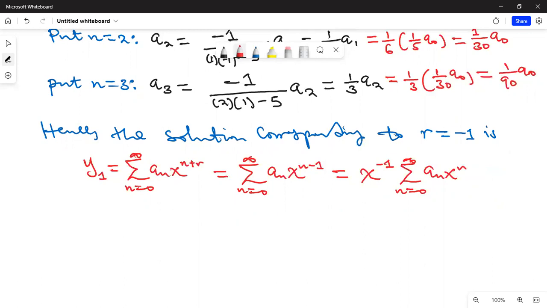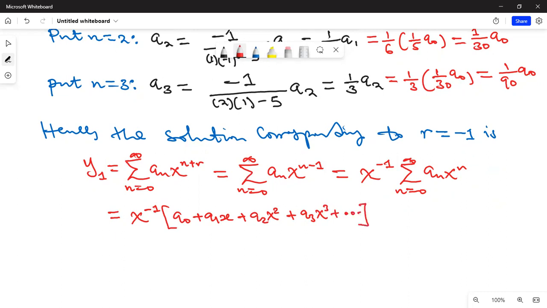And so this can as well be written as x raised to -1 times a naught plus a1x plus a2x squared plus a3x cubed plus so many other terms up to infinity.